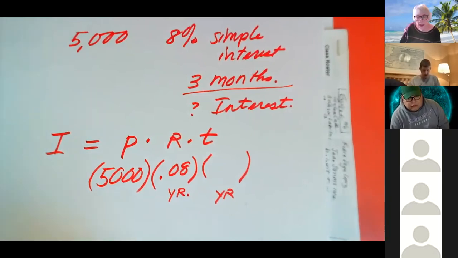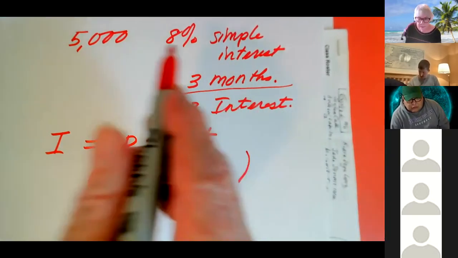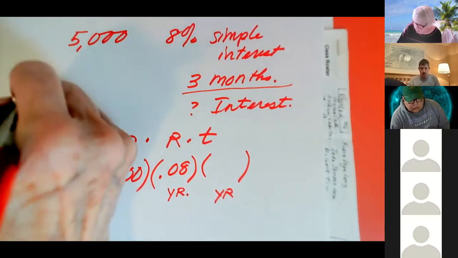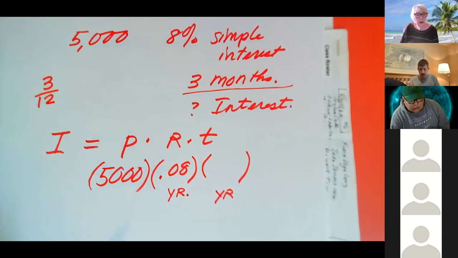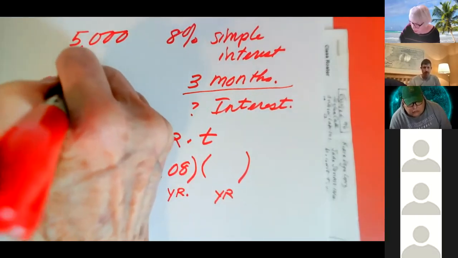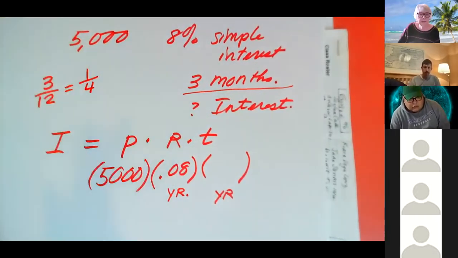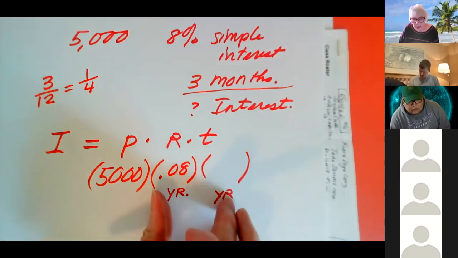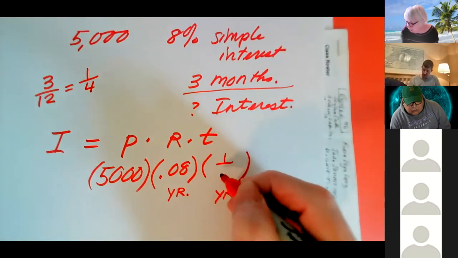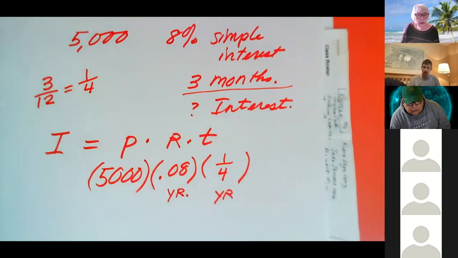How do I do it? 3 months is not a full year. 3 months out of 12 months is actually a fourth of a year. So to get this to match up, like I was talking about earlier, this needs to be 3 over 12, which I'm going to write as a fourth of a year.